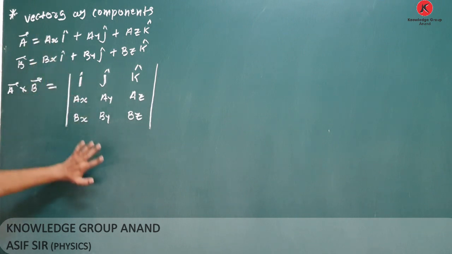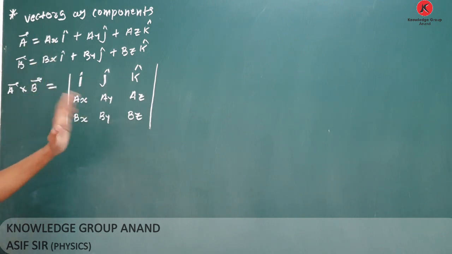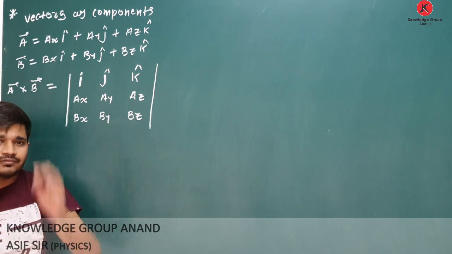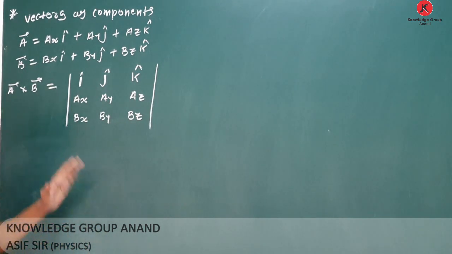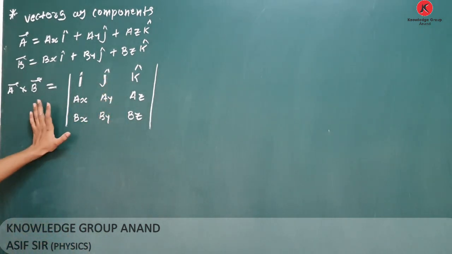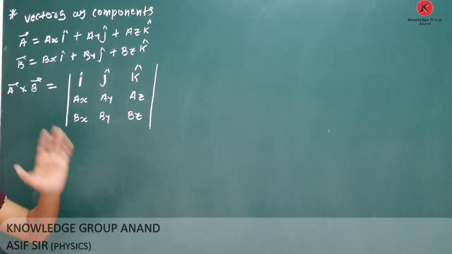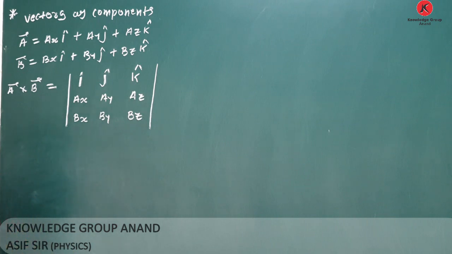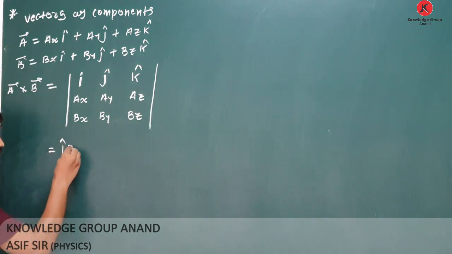Yes, it is theory. So yes, it will be difficult, but when we take one example, it is very easy. Okay, so now how to write this determinant is easy, but how to solve this? Okay, see, take care in solving this determinant. First of all, write I caret.